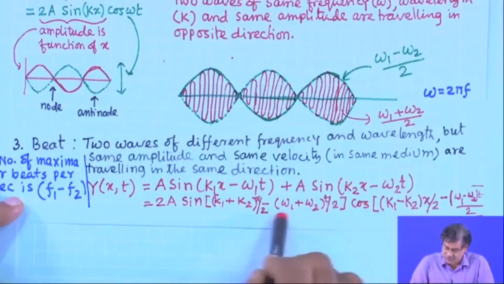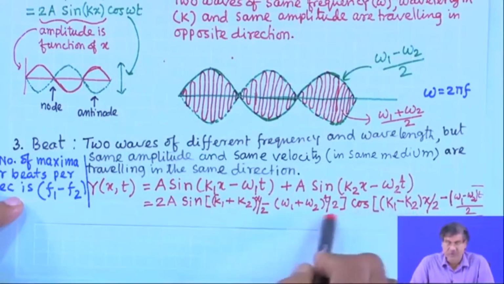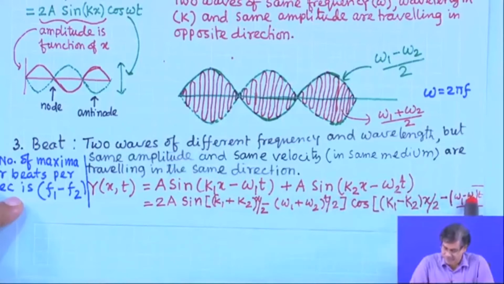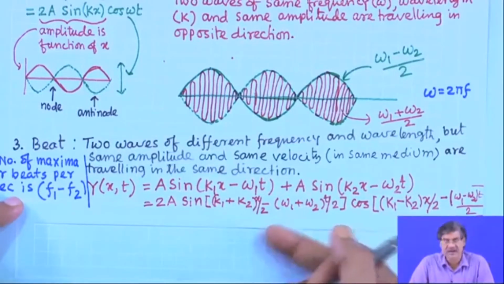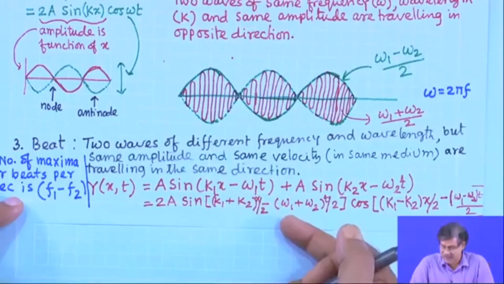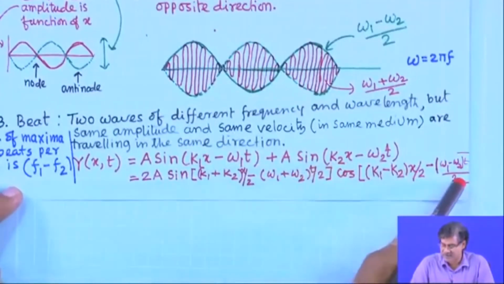Here you are seeing the frequency part: there are two resultant frequencies. (omega1 plus omega2)/2 is the average frequency of these two waves, and the other is the difference frequency of the two waves.